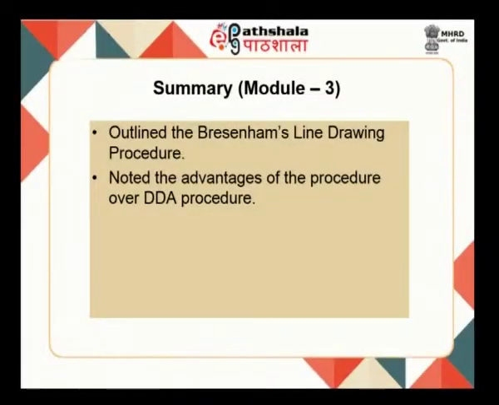The next place where Bresenham was clever was in using recursive equations, and then using a concept called decision parameters. So, we get more efficient lines, and the issues of rounding off errors do not exist in this case, and that is what we have learnt in this session.